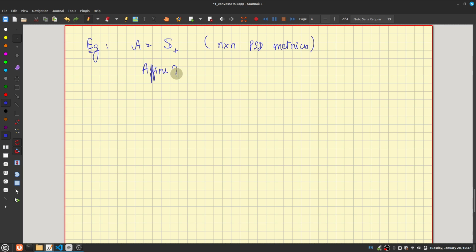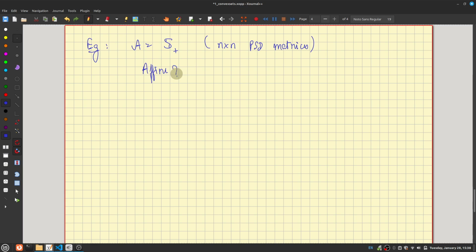If it is affine, you have to prove that it is affine using just the definition. If it is not affine, then you have to give me at least one x1, x2 and a theta for which x1 and x2 are PSD matrices, but theta x1 plus 1 minus theta x2 is not a PSD matrix.